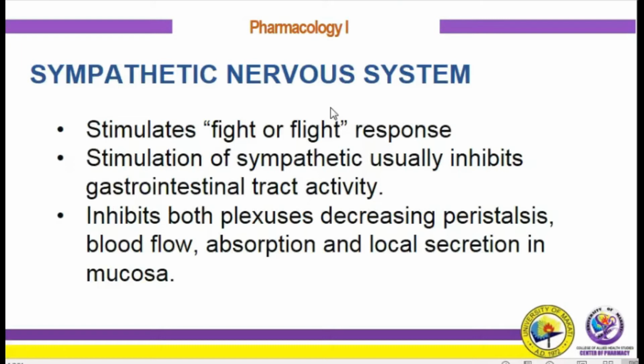Those kinds of situations don't need increased gastrointestinal activity because you have to focus on your situation, since you are experiencing threat, stress, and fear. So therefore, the sympathetic nervous system inhibits both plexuses, decreasing peristalsis, blood flow, absorption, and local secretion in the mucosa.